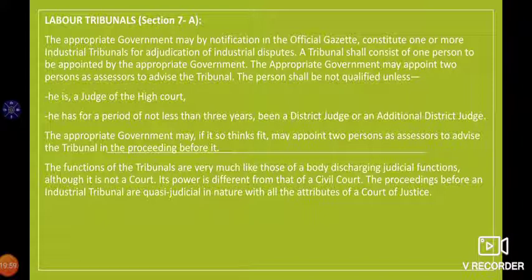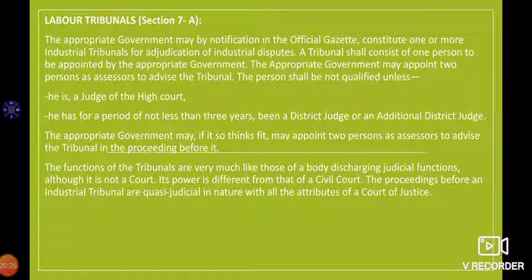The tribunal shall consist of one person to be appointed by the appropriate government. The appropriate government may appoint two persons as assessors to advise the tribunal, right? So their role will be to advise the tribunal.